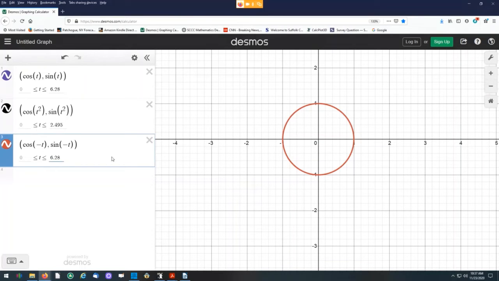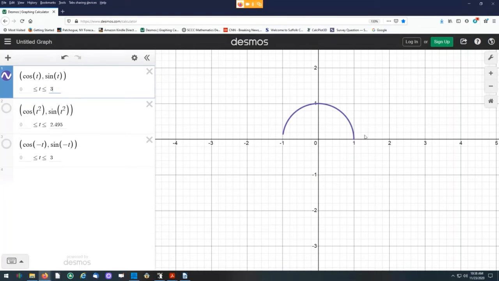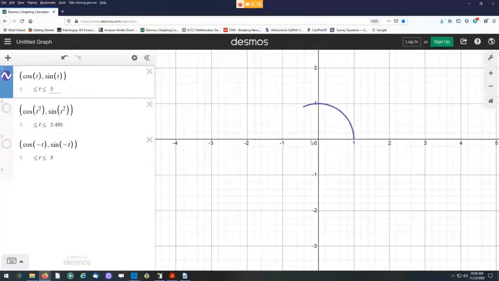But notice I'm going in the other direction. I'm going clockwise versus this other one over here takes me around in a counterclockwise fashion. I'll start here and I go counterclockwise, just so you can see what's happening.